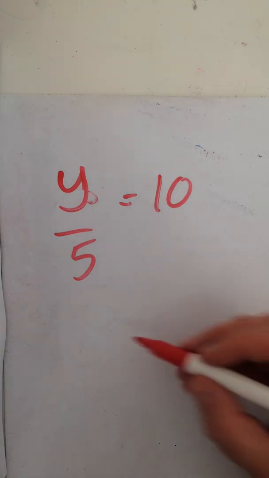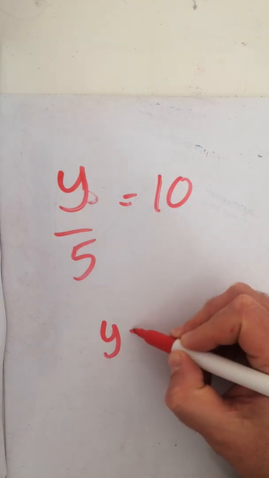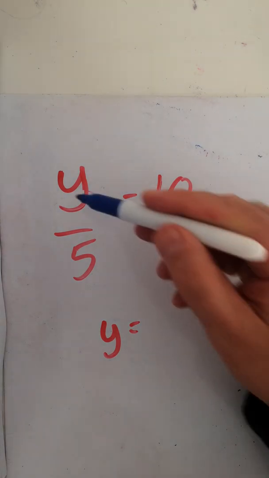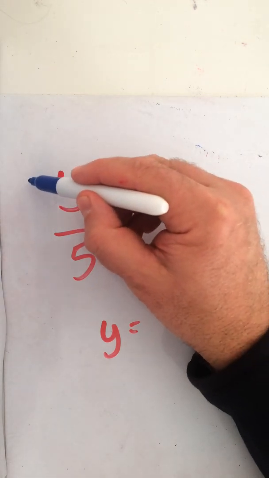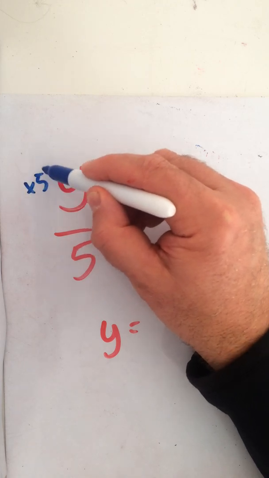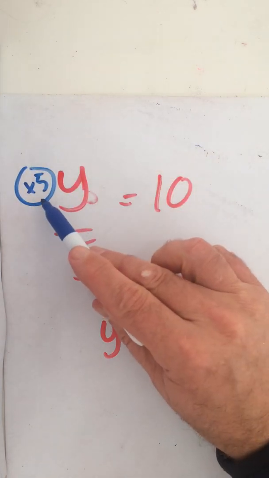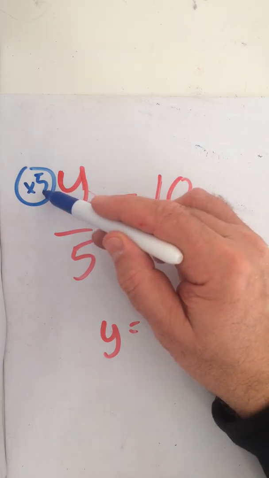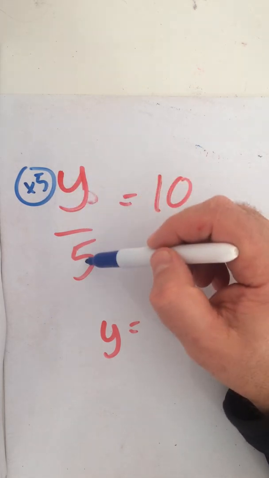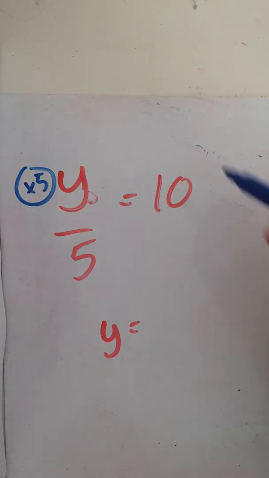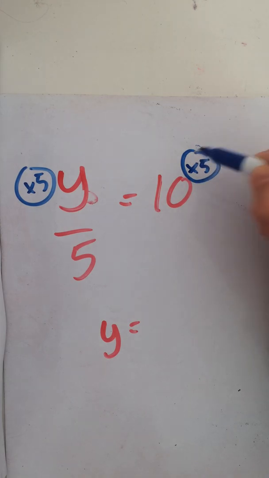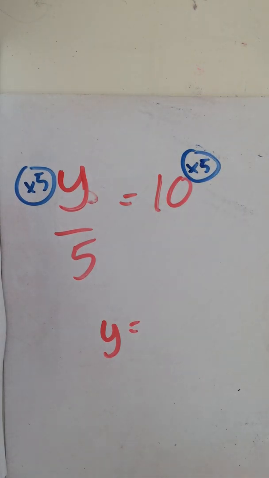Again, I just want to be left with y at the bottom of my equation. Okay, so this time, because this is y divided by 5, I need to times my y by 5, because I'm doing the opposite. Because it's being divided by 5, I'm going to times it by 5, because then 5y divided by 5 is y. Okay, because it's called the balance method, I times 5 on the other side as well.